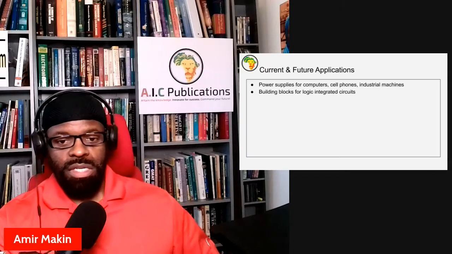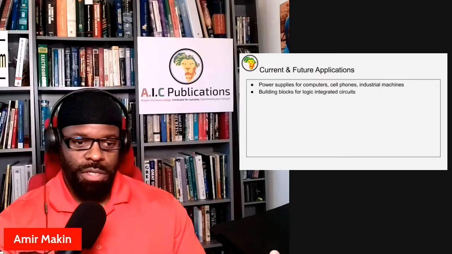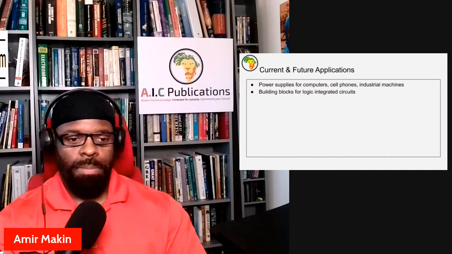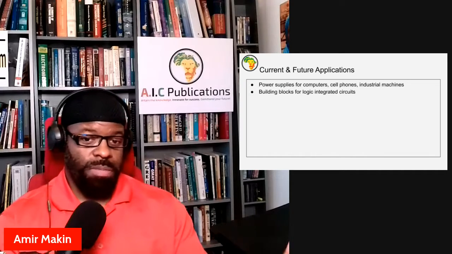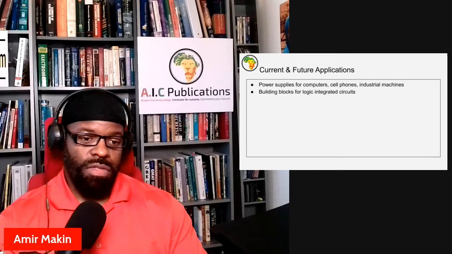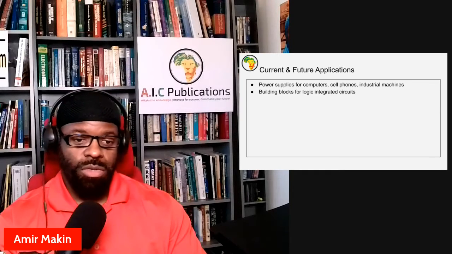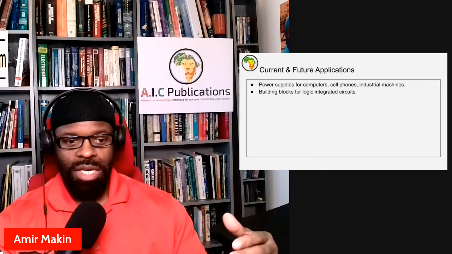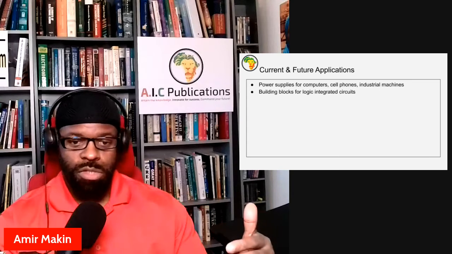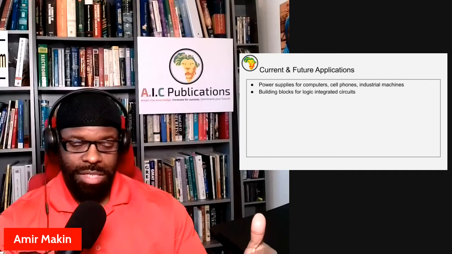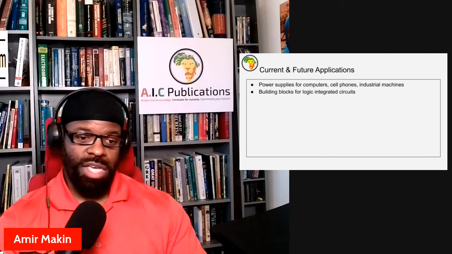Now, this application is a fundamental way for you to understand how PNP transistors work, how NPN transistors work, and understanding the applications of this. These types of configurations are actually used in power supplies for computers. Even though what I just showed you is an old circuit, this circuit still exists in technology today, and it will exist in future technology applications.